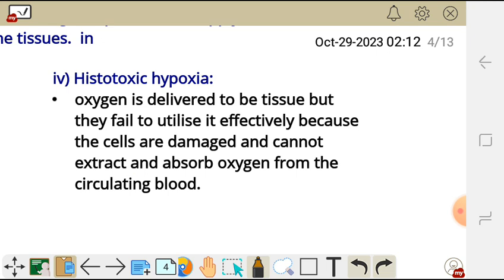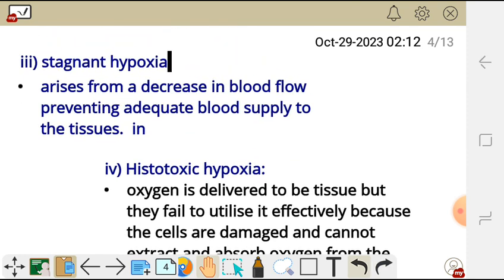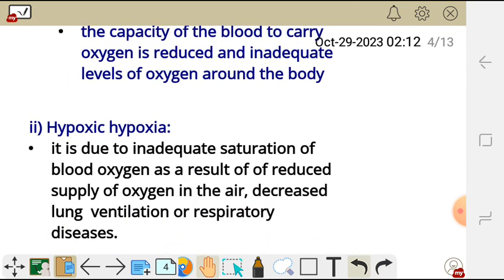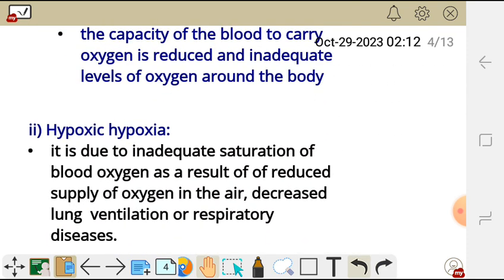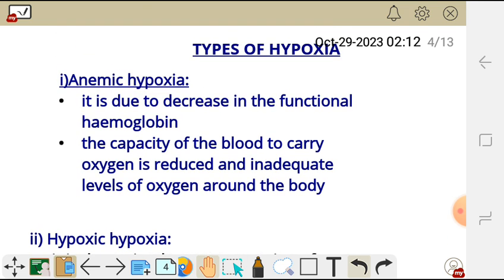So oxygen here is being supplied, but the cells themselves are damaged and cannot extract or absorb that oxygen from the circulating blood. That type of hypoxia is histotoxic hypoxia. So hypoxia can cause cell injury, and it is of 4 types. As I've already explained, we have histotoxic hypoxia, stagnant hypoxia, hypoxic hypoxia, and anemic hypoxia.